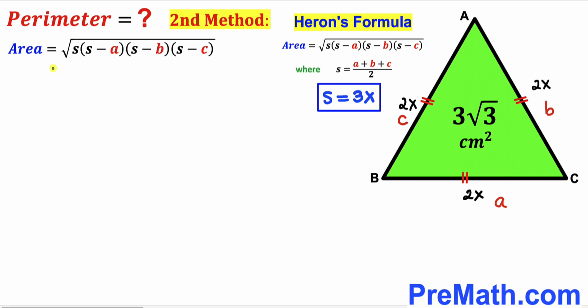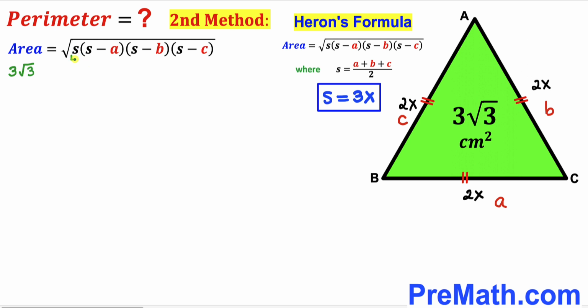And here's our Heron's formula. Let's go ahead and fill in the blanks in this formula. We know the area of this triangle has been given to us as 3 times square root of 3 centimeter square. So I'm going to substitute this value 3 times square root of 3 over here.